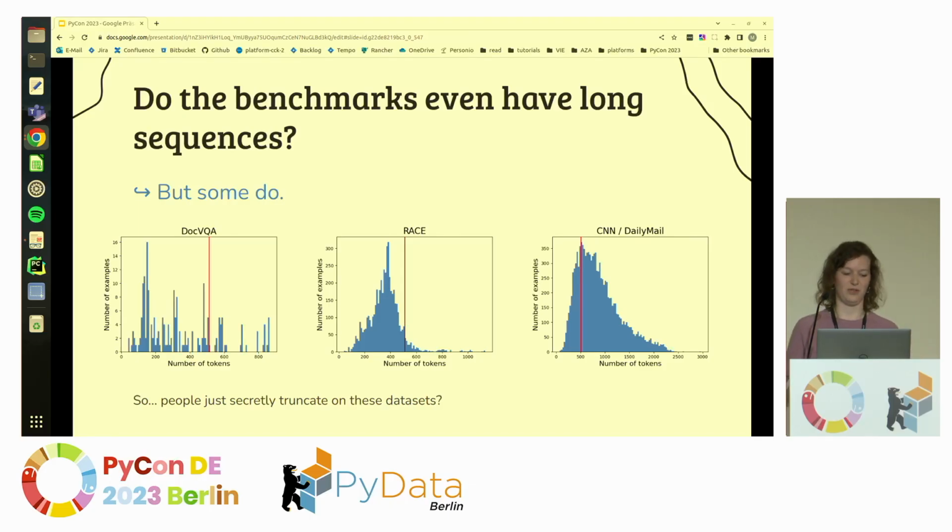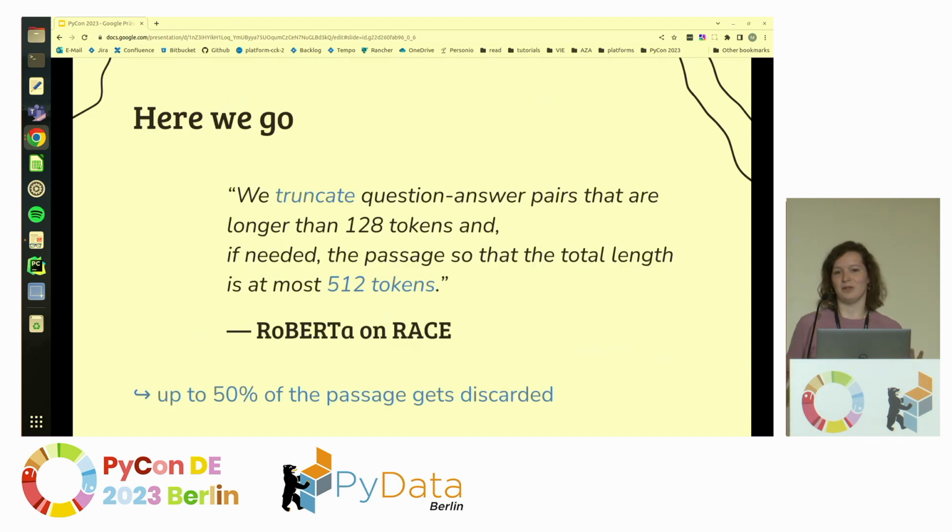So if we look at the distribution of RACE, and knowing they truncate to 512 tokens, that means they would, in some cases, discard 50% of the passage that is needed to answer the question. And apparently, most paper authors think that this is too unimportant to even mention. So I don't know, I'm just really, really confused about that.